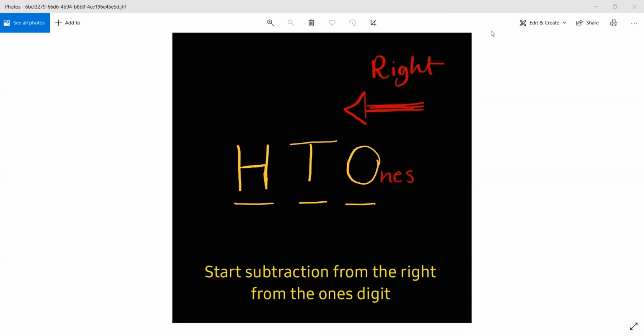Yes, that means that we have to subtract from the ones digit, then the tens digit, then the hundreds digit. We have to start subtraction from the ones digit.